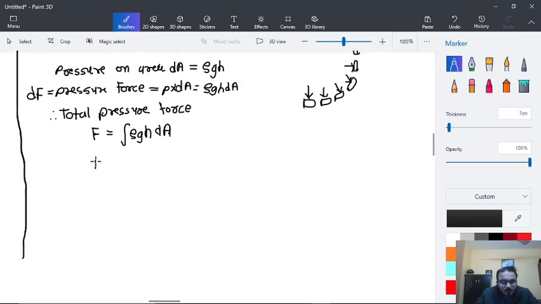So the total force F can be written in this way, is equal to square root of Fx square plus Fy square, and the inclination of this force will be tan phi is equal to Fy upon Fx, and this inclination will be with respect to the horizontal direction.